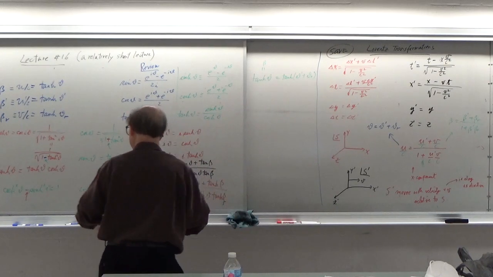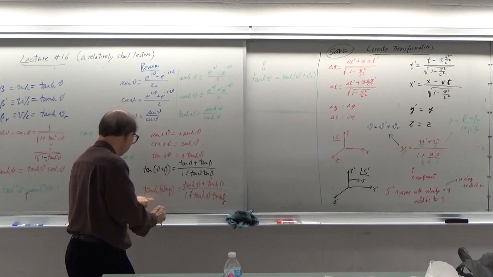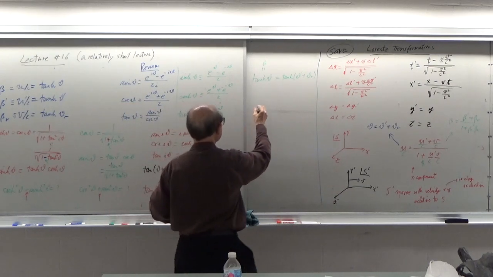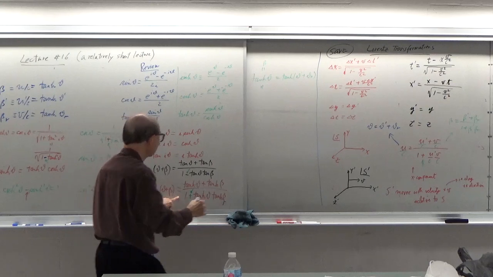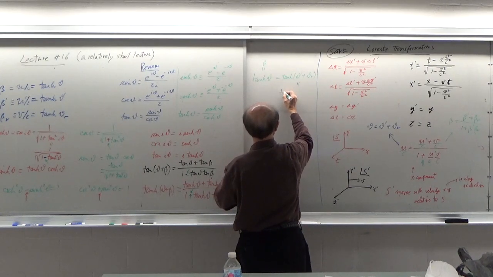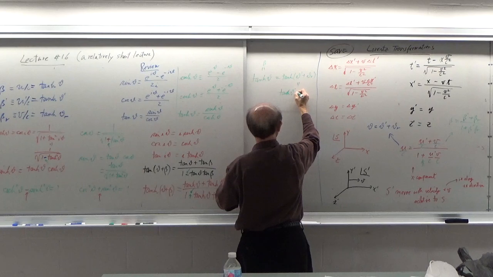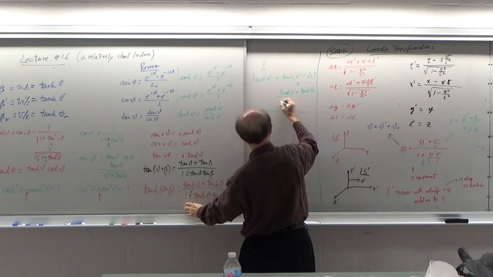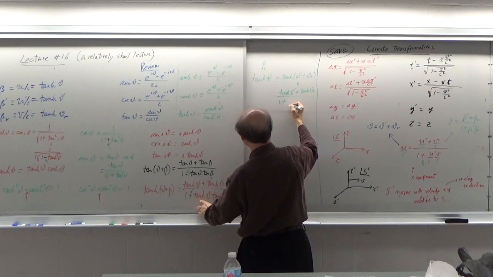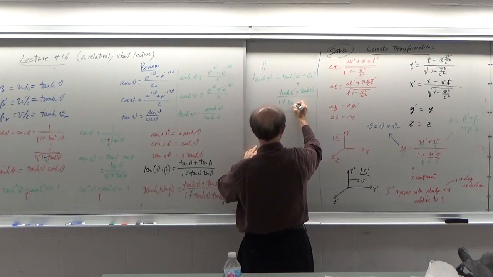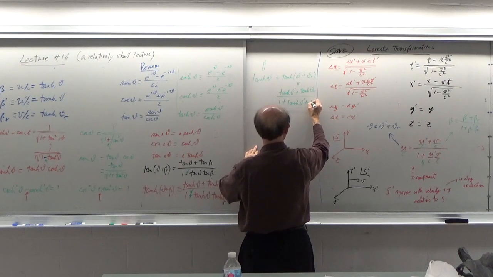But now, I can apply this identity for the tangent of the sum of two, so in that case, this is equal to, making use of this identity, tangent theta prime plus tangent of theta r divided by 1 plus tangent theta prime times tangent theta r.